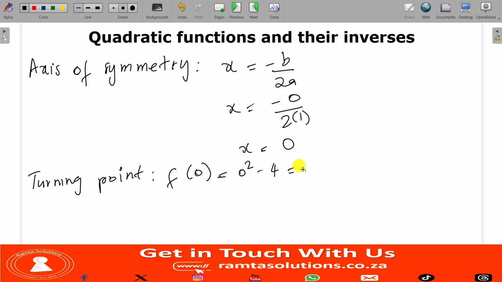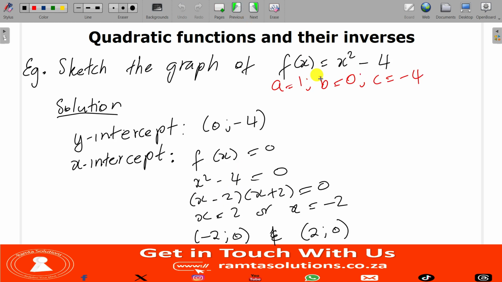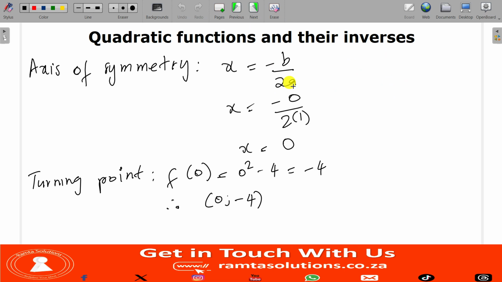So it means it is negative 4, right? Therefore, our turning point is 0 and negative 4. Guys, I know when it's in this form, it's easy for you to tell that it is 0 and negative 4. Of course, this is what you did in grade 10, but we are making use of the formula so you get to see these things, okay?